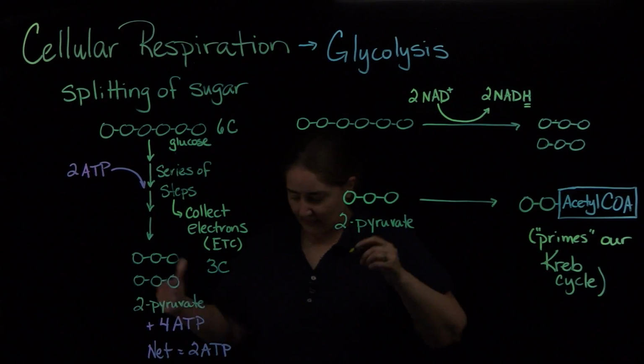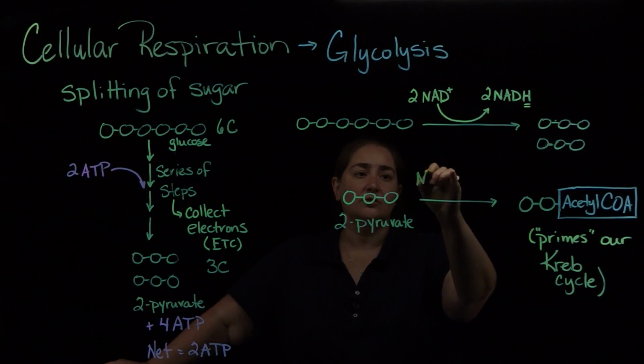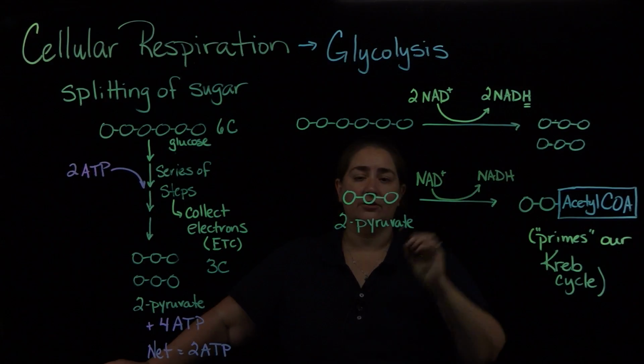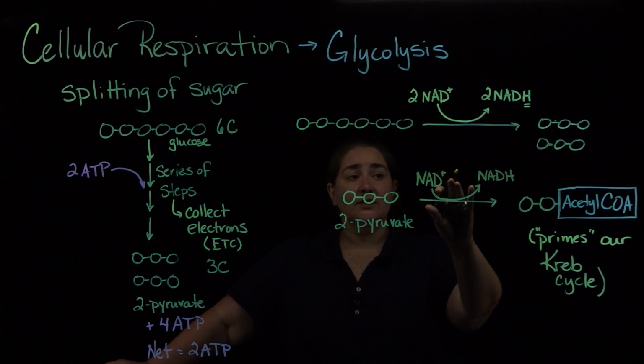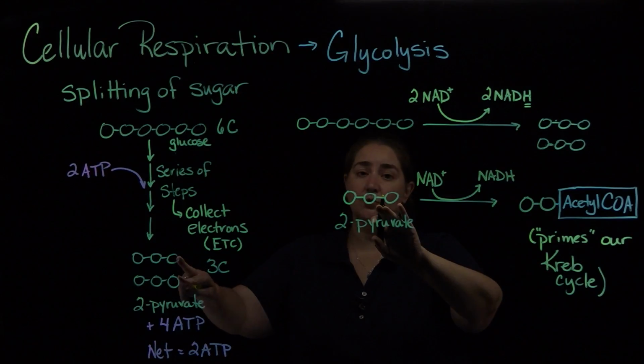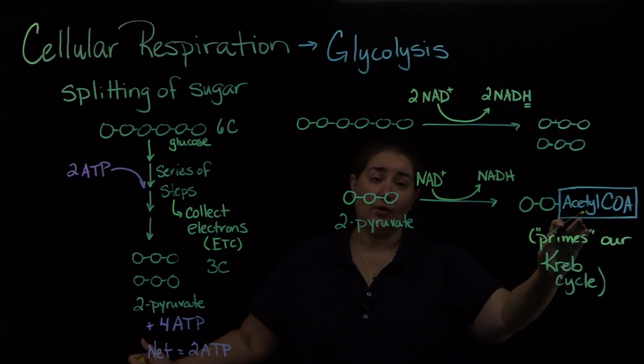All right? Again, for each molecule, we're going to have an NAD that's going to give us an NADH. All right? Now keep in mind, you'll end up with 2 NADH out of this process because we've got 2 pyruvates here. Okay? So each pyruvate molecule is going to be converted into an acetyl-CoA.